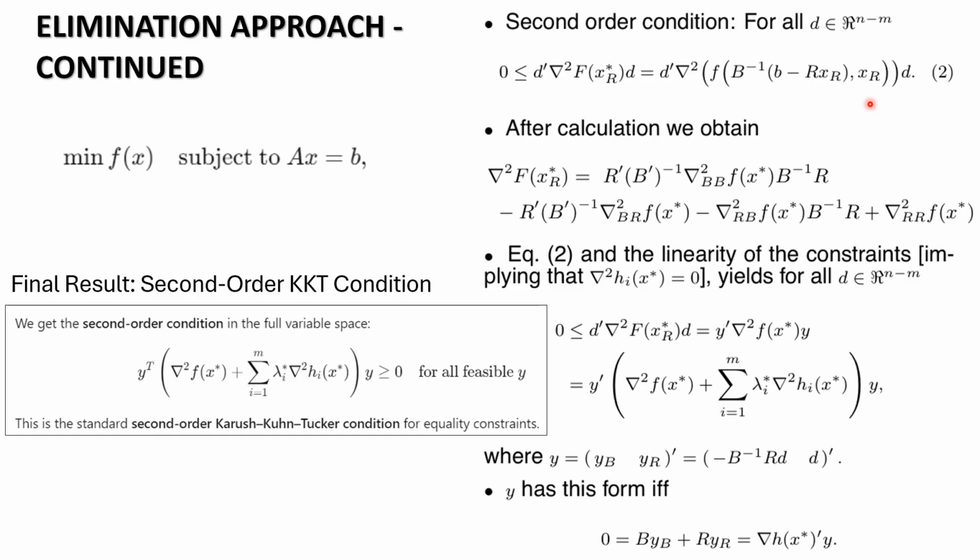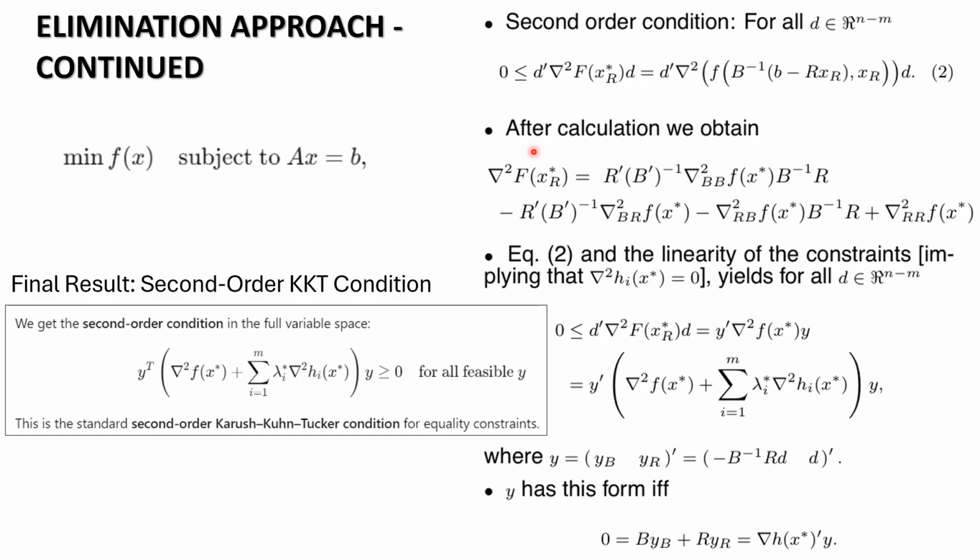So for a local minimum at x_r star, the second order necessary condition is the following, I mean equation number 2.